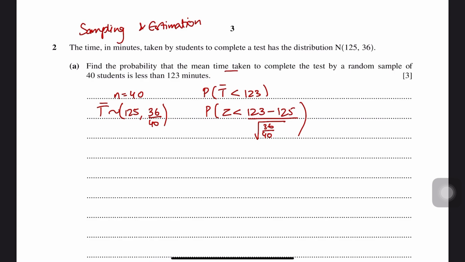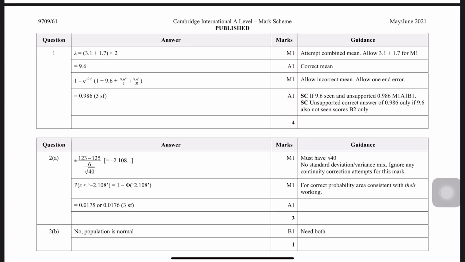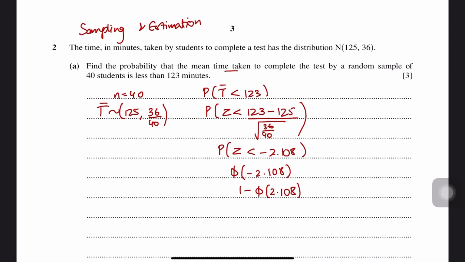That gives me the probability of z less than minus 2.108. So that's Φ of minus 2.108, which is 1 minus Φ of 2.108. Let me check if I've done this correctly so far. Okay, so 2.108 from the table.